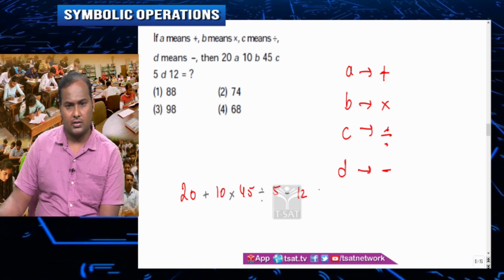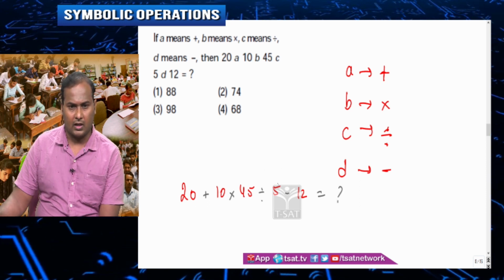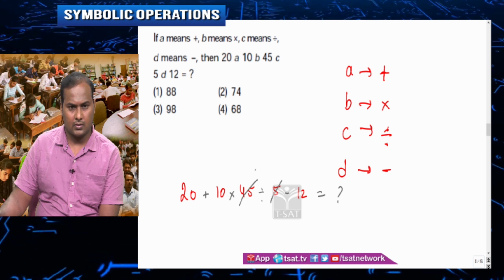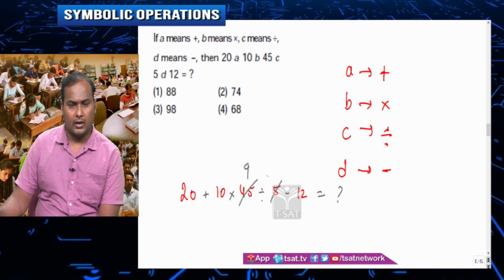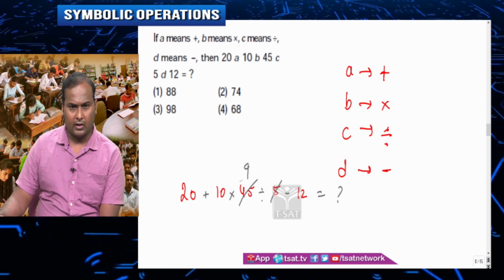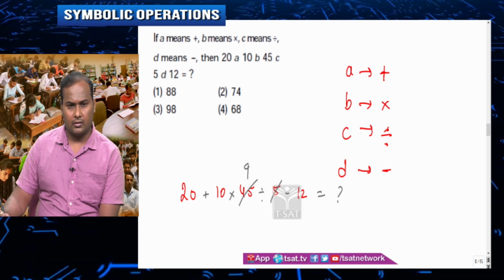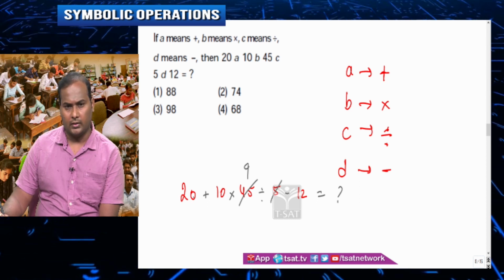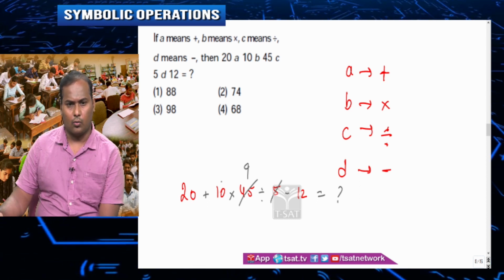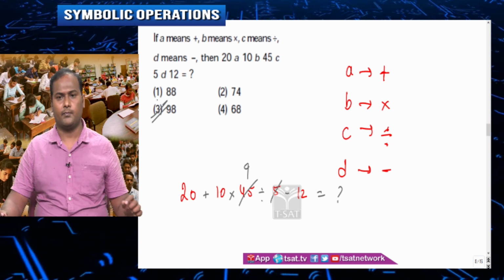Now you need to find what it is equal to. When you perform the calculations, 45 divided by 5 is 9. So 10 multiplied by 9 is 90. Then you have 20, so 110, and 110 minus 12 is 98. So your answer is 98.